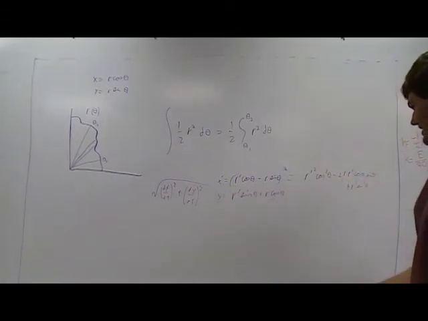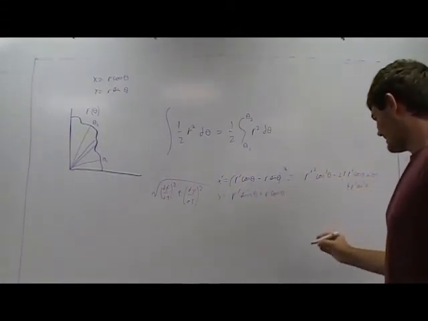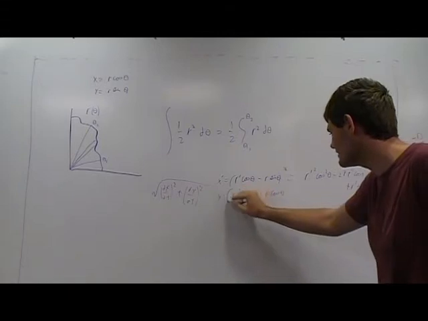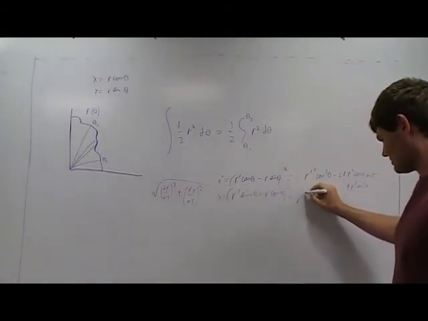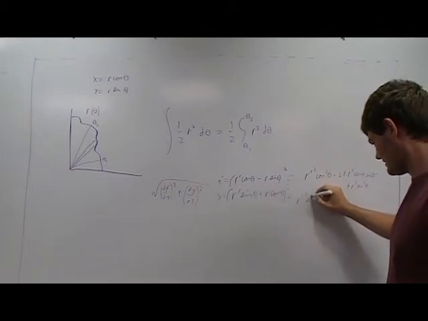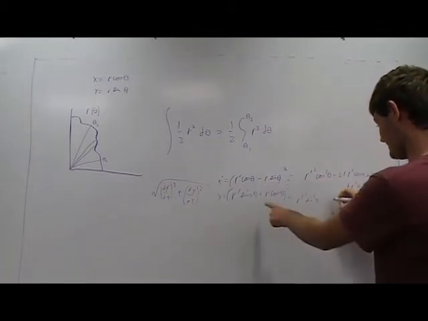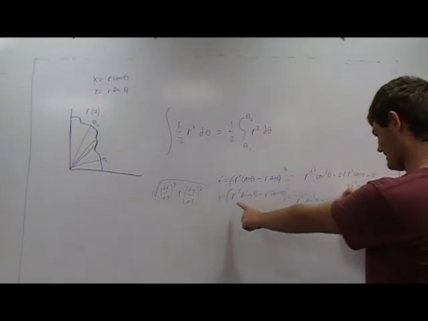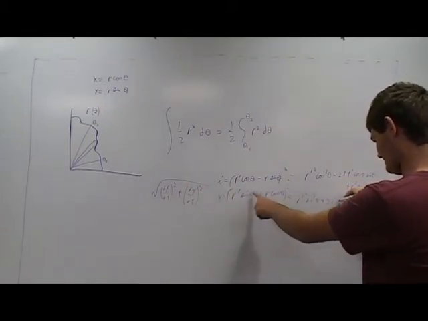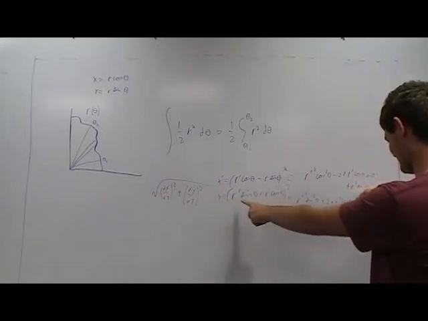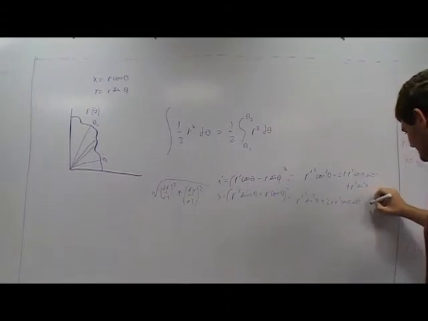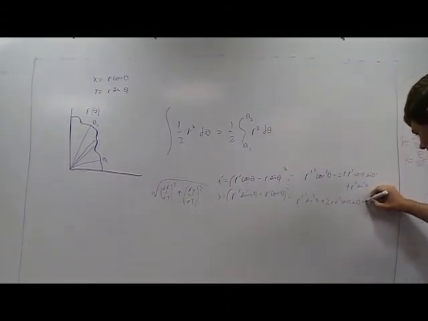This squared is very similar. We want to square all this. That equals r prime squared sine squared theta plus 2 r prime cosine theta sine theta, and then plus r squared cosine squared of theta.